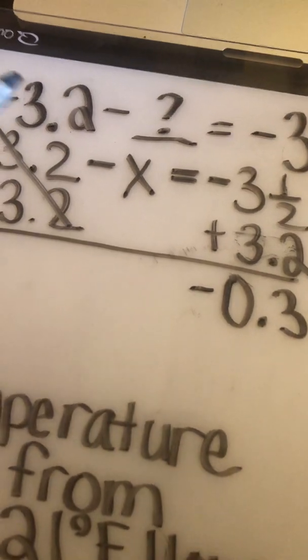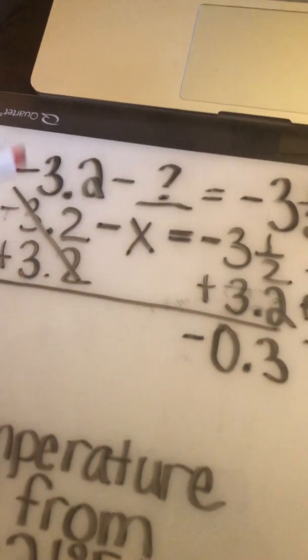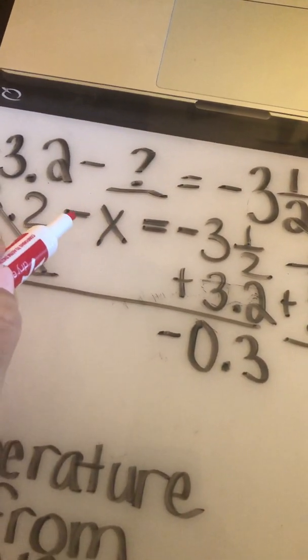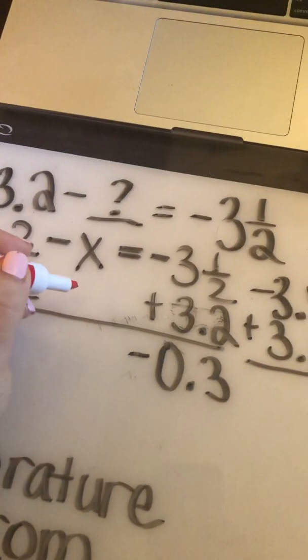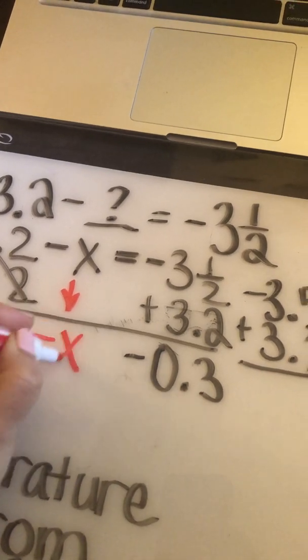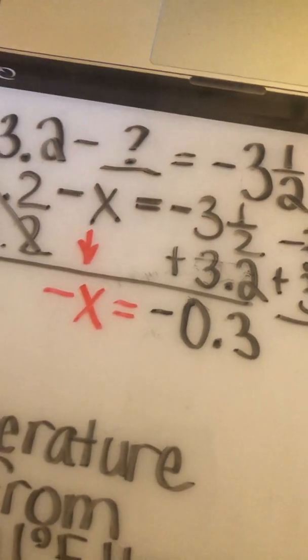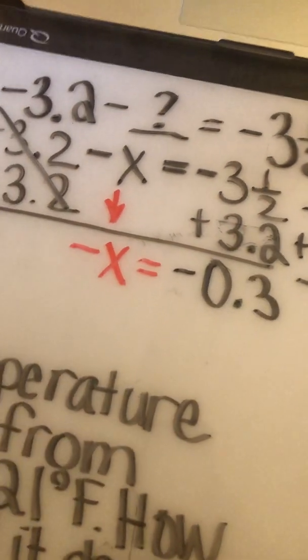So this is where a lot of you were making your mistakes, and I did mention this in the lesson on Monday and Tuesday as well. See this x? This negative that's in front of it, or this minus, has to come down with it. So our variable is still negative right now. So we have negative x equals negative 0.3. And we cannot leave a variable as a negative value.